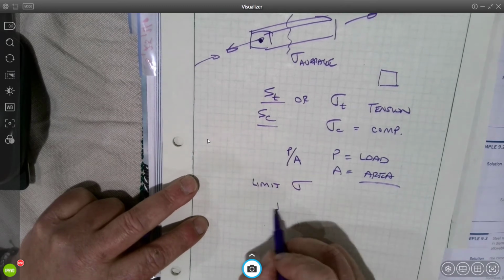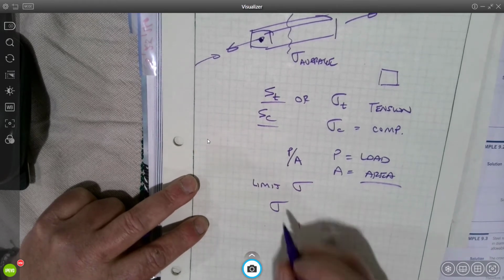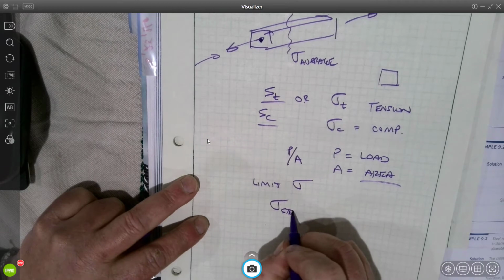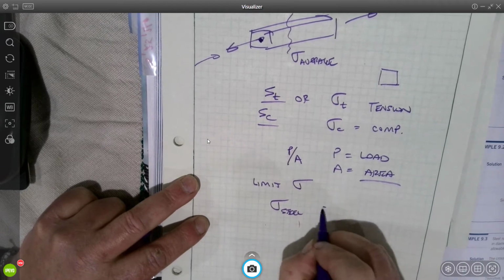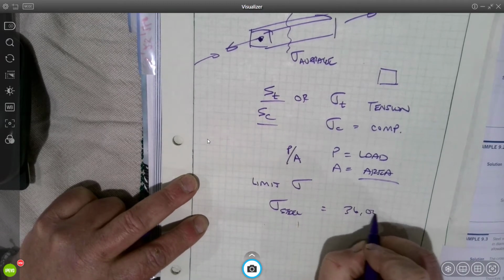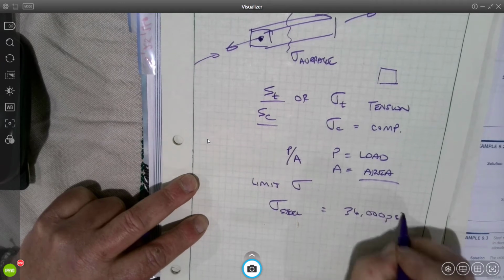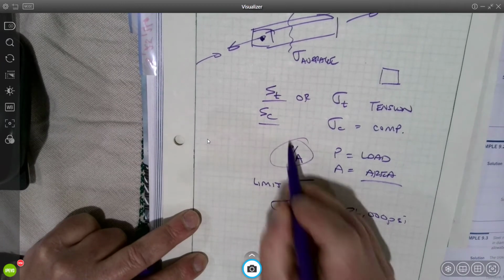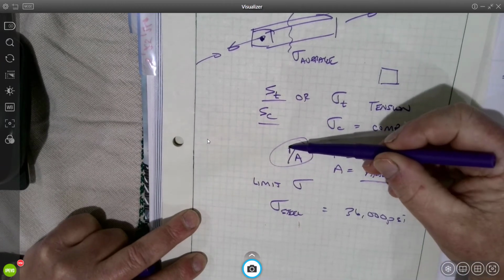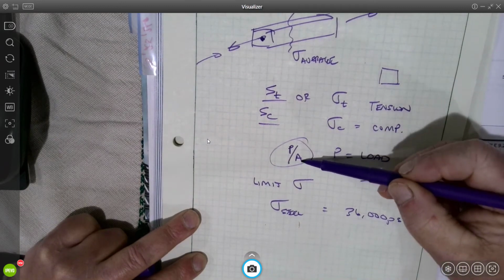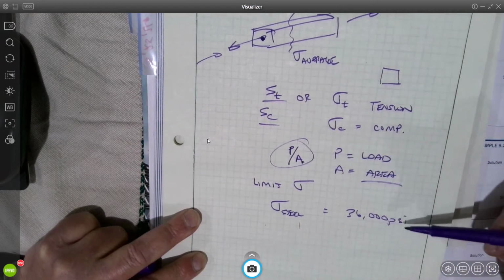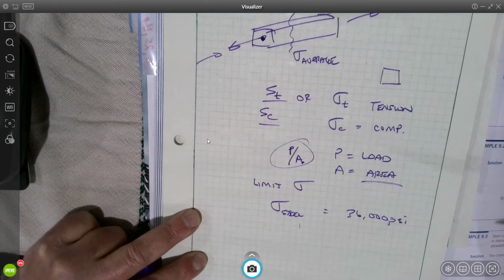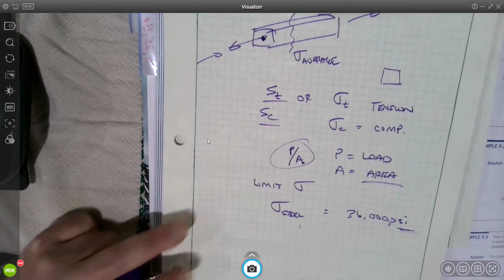The limit stress for steel on average is 36,000 psi. When you run this equation and you put pounds in here and an area in inches squared, you're going to get psi, pounds per square inch, and that's the unit of stress.